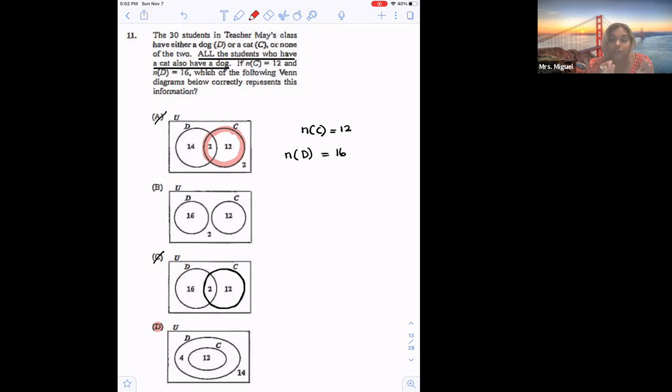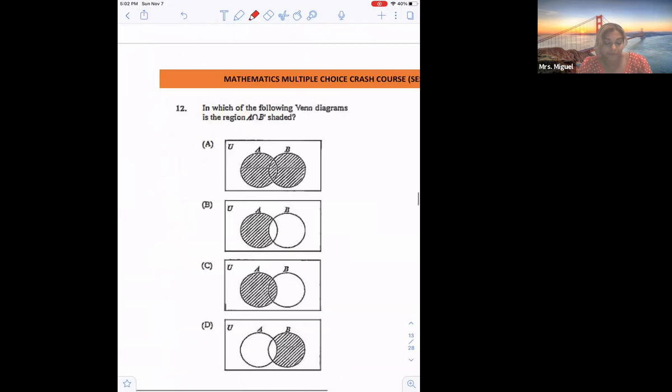So 12 children in the class own a cat, and from the time they own a cat, they also own a dog. So C is a subset of D. And since the number of persons who own a dog is more than a cat, 4 persons own a dog only, and that will be on the outside of the circle, right?